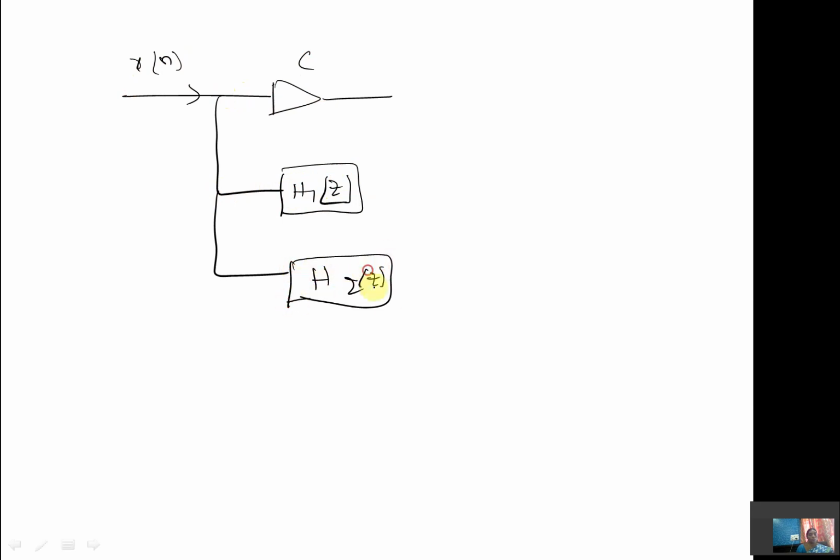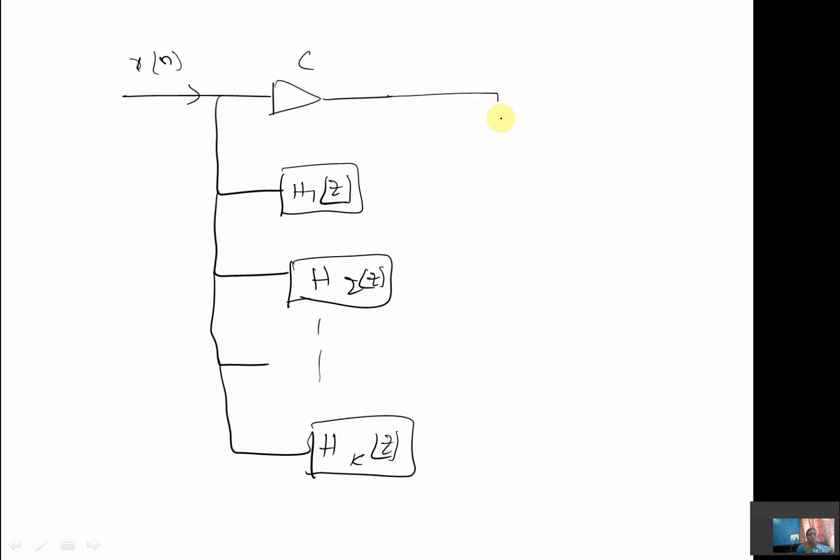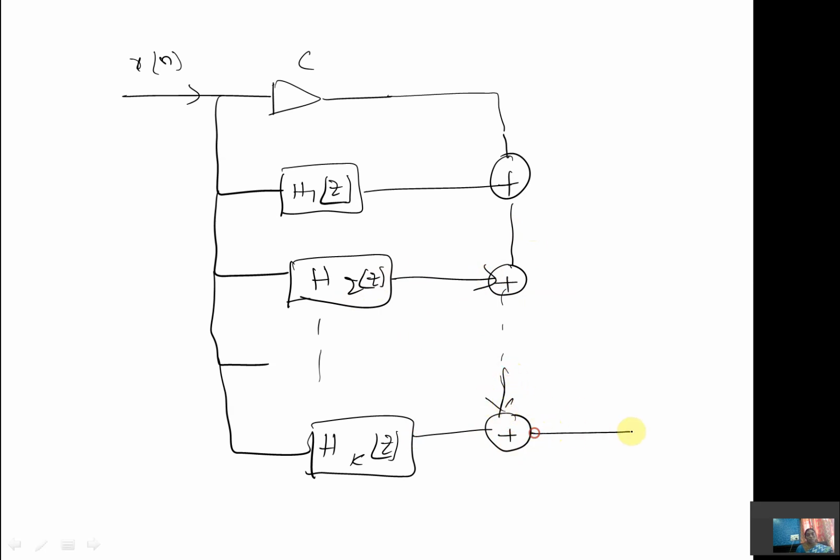So H2 of z and so on, Hk of z, and then add this c with this H1 of z, then add this resultant with the H2 of z, and finally add all of this, then you can get y of n.